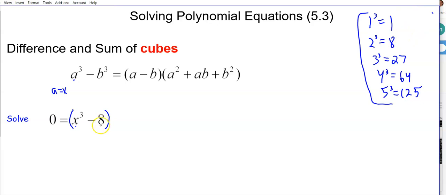So now when you see 8, you might think, oh, 8 is really just 2 to the third power. So B is the cube root of 8, or what number cubed is 8? That's 2. So B is equal to 2 here.